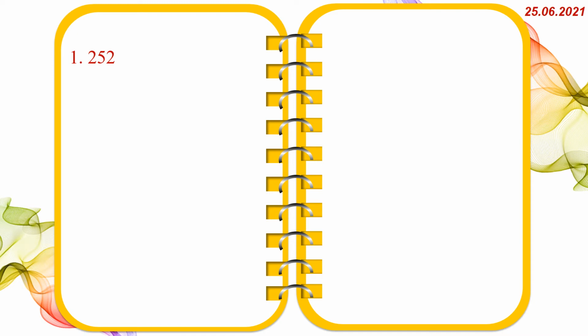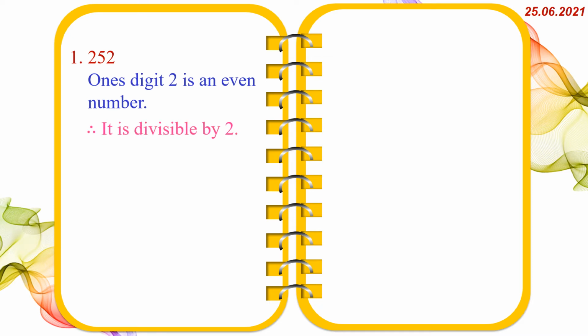So first let us find 252 is divisible by 2 or not. So here the last digit, that is ones digit, is 2. Ones digit 2 is an even number, so it is divisible by 2.